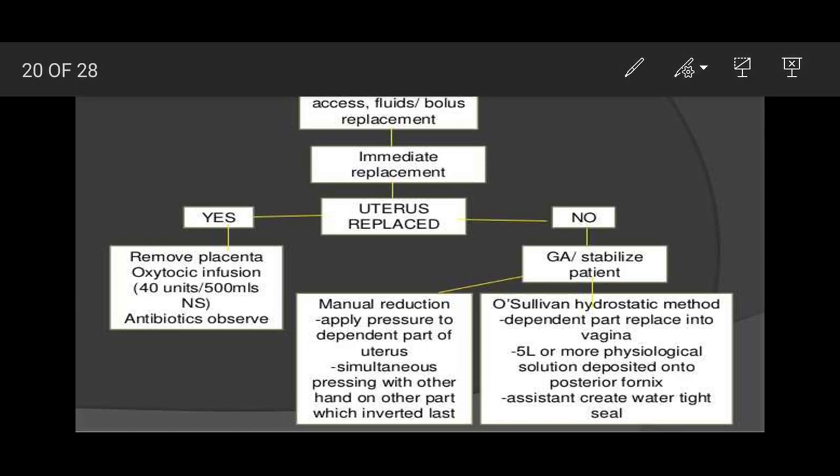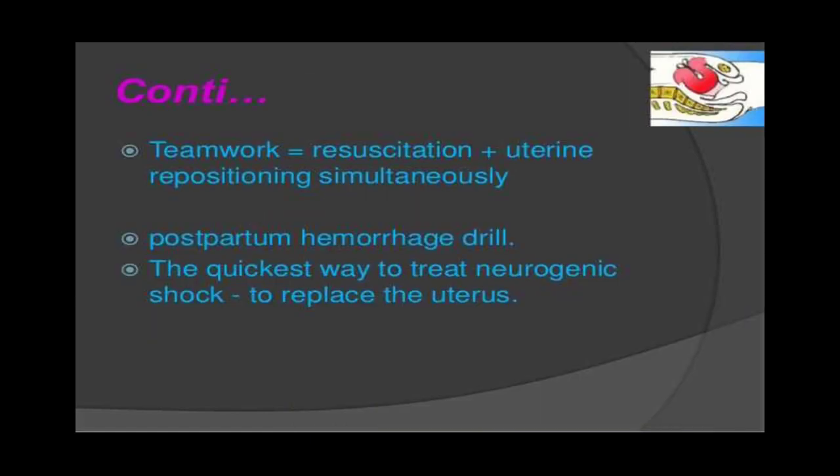One by one we'll see. For these procedures, tocolytics should be there, and postpartum hemorrhage will be controlled. The quickest way to treat the neurogenic shock is to replace the uterus.